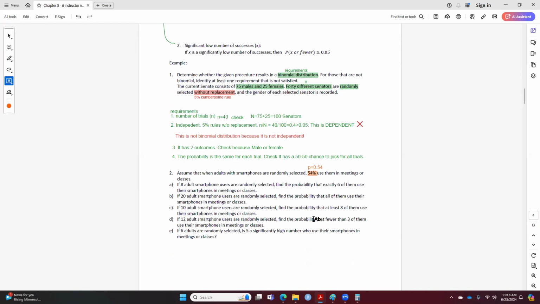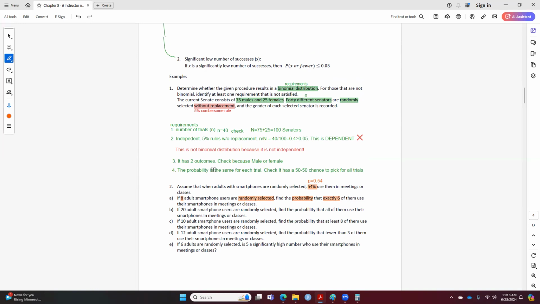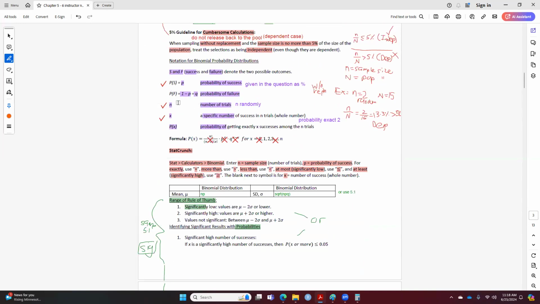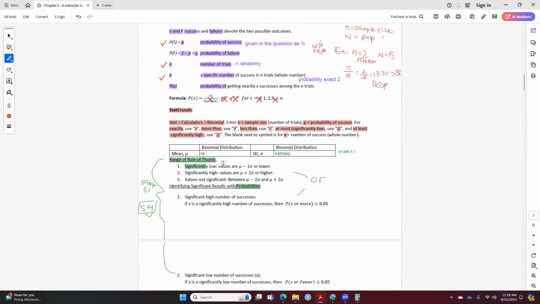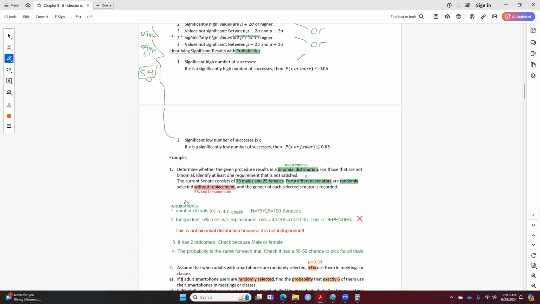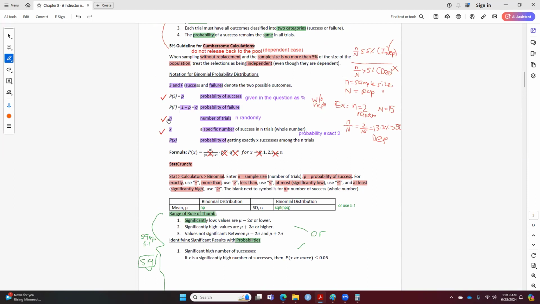Okay. So now we have question A. Question A is asking, if 8 adults are randomly selected, find the probability that exactly 6 of them use their smartphone. Okay. So this 8 randomly selected, is this 8 P, Q, N, or X?